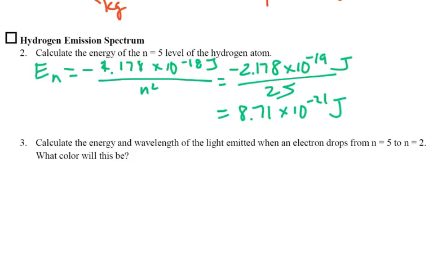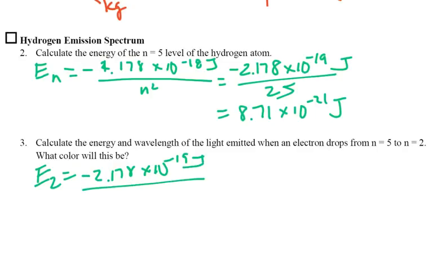Now I'm going to calculate the energy and the wavelength of the light emitted when an electron drops from level 5 to level 2. First, we have to figure out the energy of level 2. Energy of level 2 is equal to negative 2.178 times 10 to the negative 18th joules divided by 2 squared, which is 4.